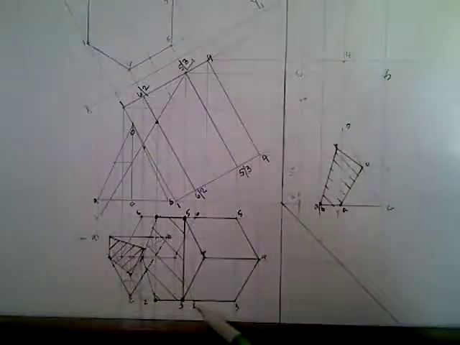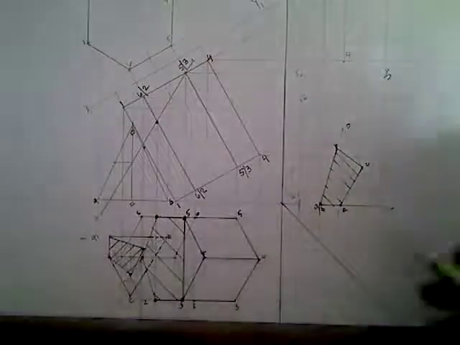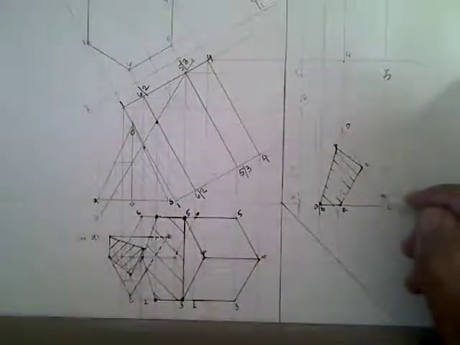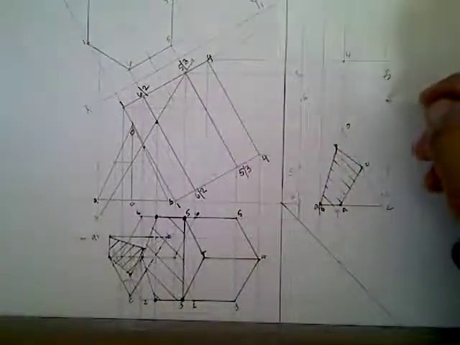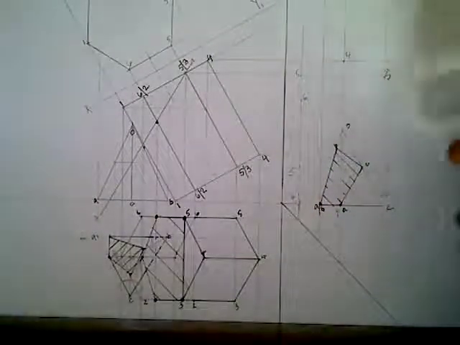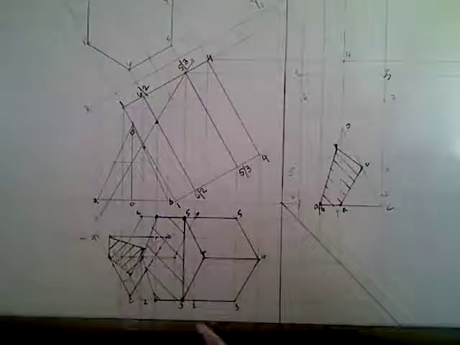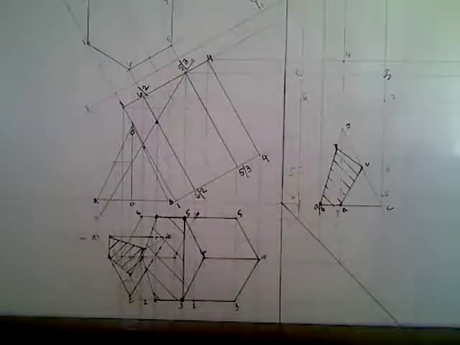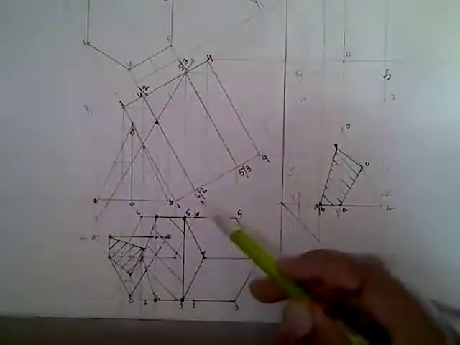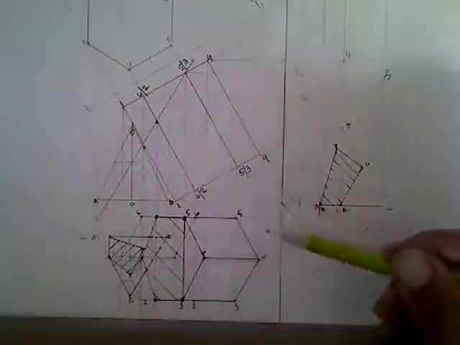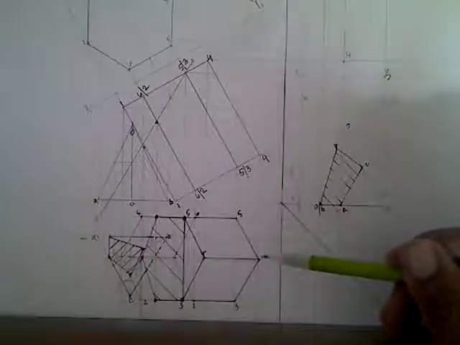Then you have 1 and 2. 2 is here. This will be your 2. 2 is here, and there is 2, and then 1. Where is my 1? How am I mixing this stuff up?